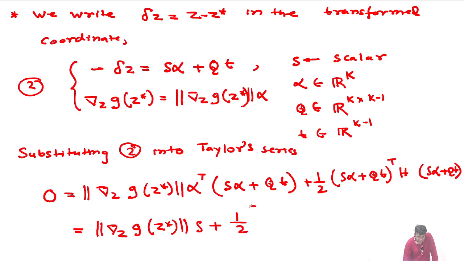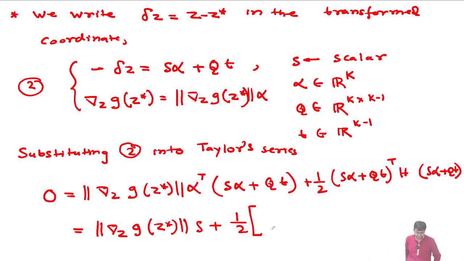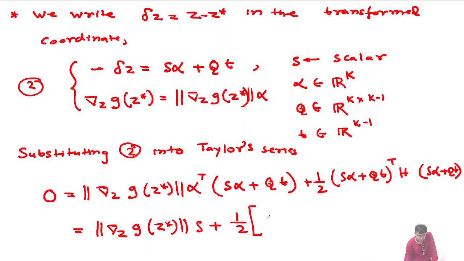And now let us do one thing. Let us open the bracket and do the calculation. So what will I get? What is the first term? I see s alpha plus qt transpose H s alpha plus qt. So if I do the multiplication, first term will be s square, because s is a scalar, and then alpha transpose H alpha, s square alpha transpose H alpha. What will be the second term?